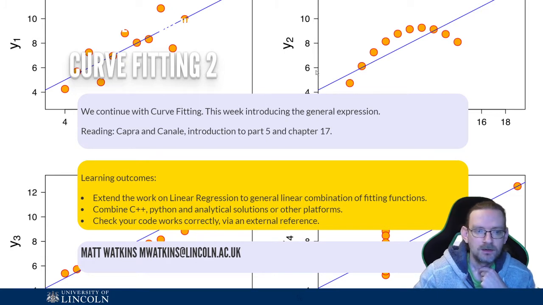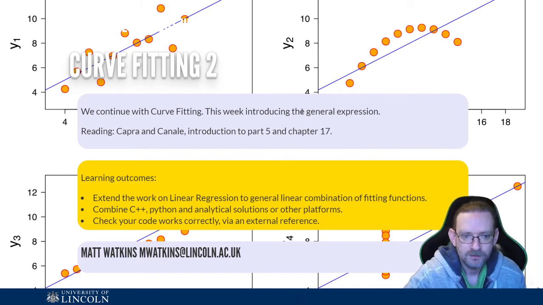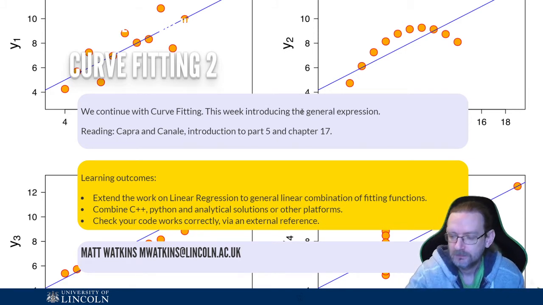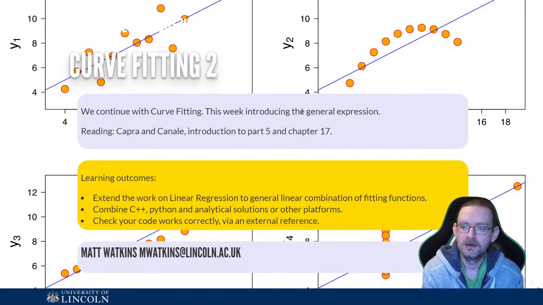Okay, so curve fitting 2, and essentially the idea is to carry on with what we did before, but instead of limiting ourselves to some polynomials, in this case you've done linear, so just an intercept and a gradient, or adding in the square of the independent variable or the cube of the independent variable in varying amounts that depend on a single parameter in a linear fashion.